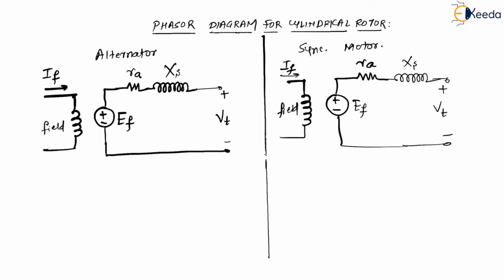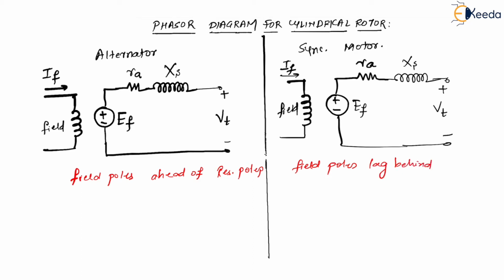Now see, what is the difference? We have seen that in the alternator, field poles are ahead of the resultant poles. Similarly, in case of the motor, exactly the opposite: we have seen that field poles lag behind resultant poles.